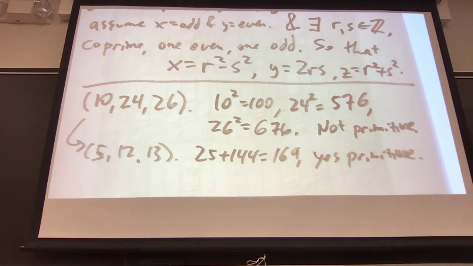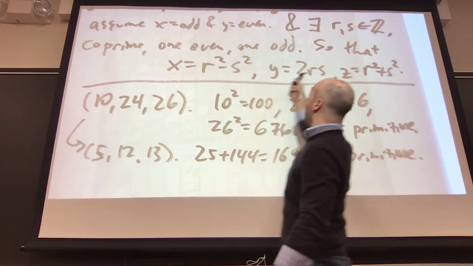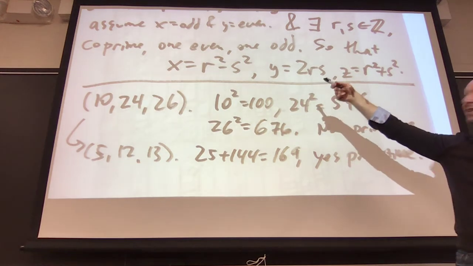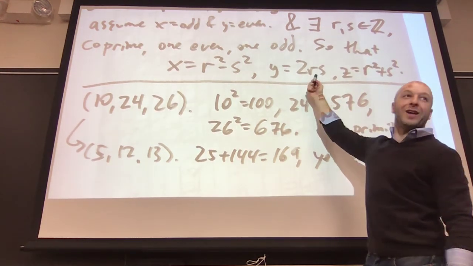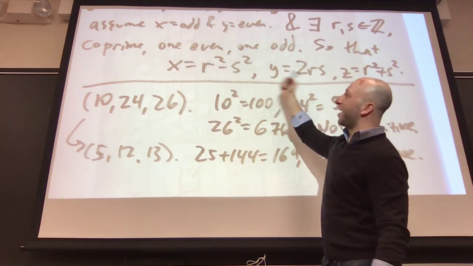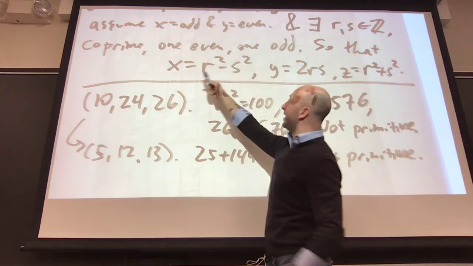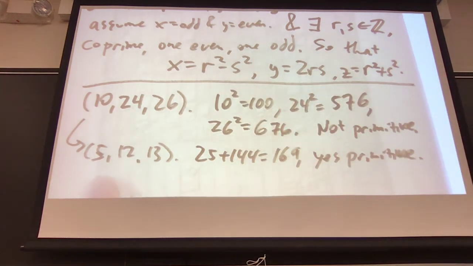All I'm saying is one of them is odd and one of them is even. I don't know which. But if you look at the parametrization that we're giving, we're going to find some r and s that makes this equation true. And look at y. I'm forcing y to be the even one. So that's why I have to say which one is which. If x was the even one, just switch these two. They're completely symmetric.